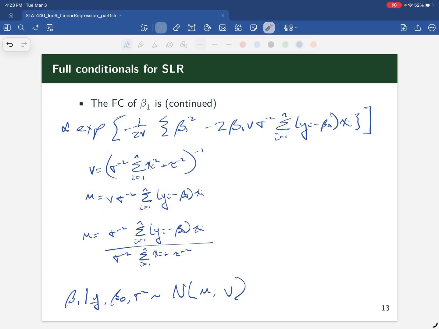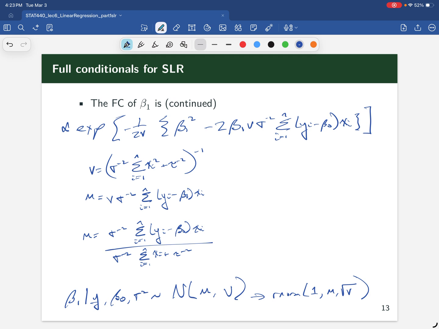If I want to draw from my full conditional, I can just do rnorm, draw one value with a mean of m and with a standard deviation being the square root of the variance. And so I can get my draw for my Gibbs sampler immediately from there.